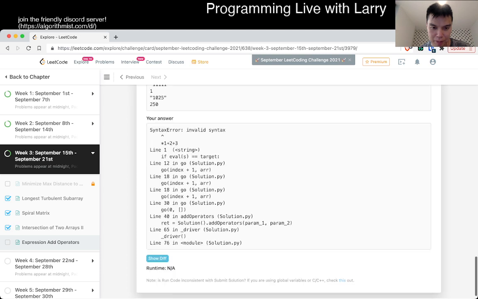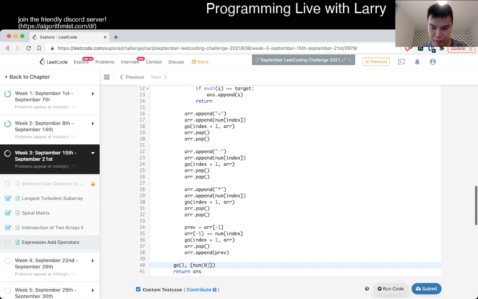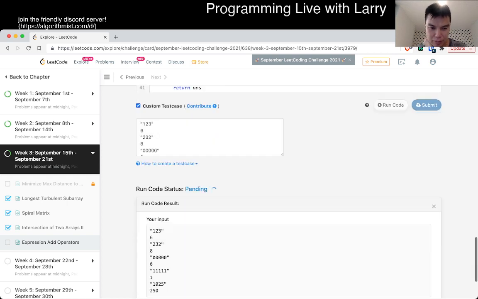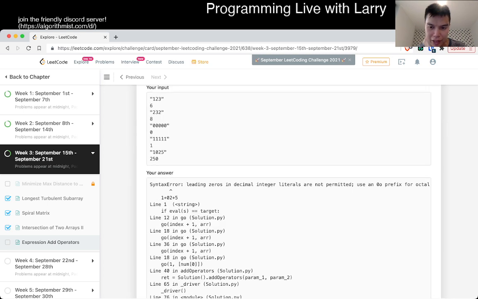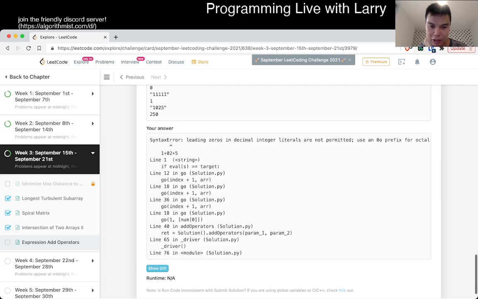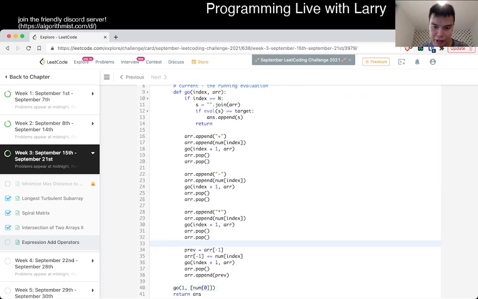Okay, leading zero. Oh, they actually tell you that you can't do it. So this is just this part, which is the previous is not equal to 0. I think that should be good enough.